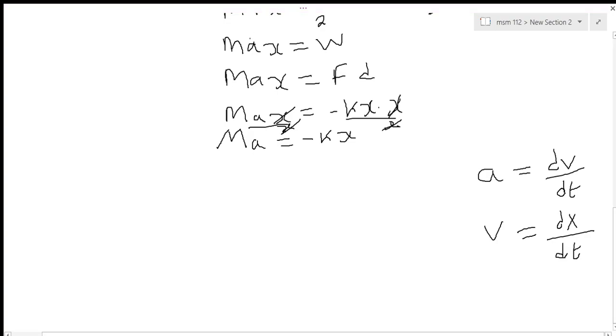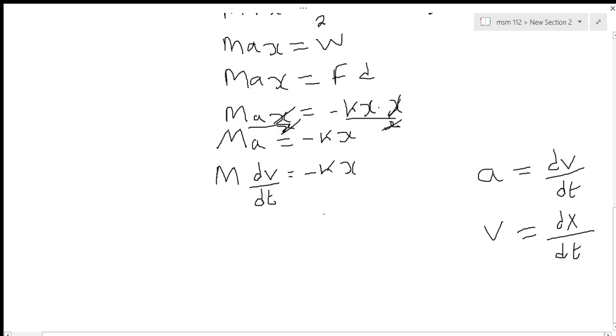So I think we can do this. We solve this one, substitute there. So here m times dv over dt is equal to negative kx.